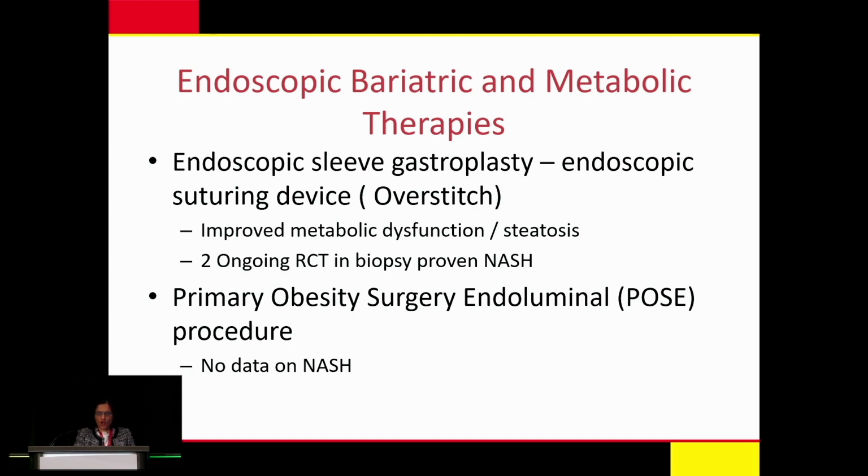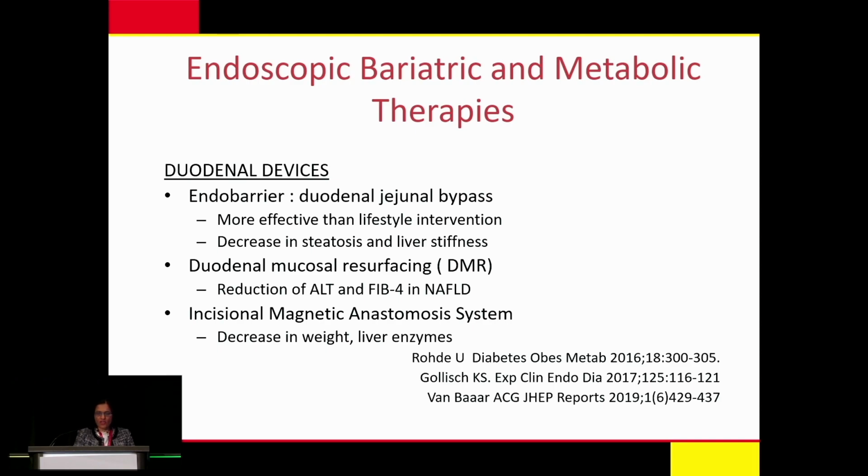Endoscopic sleeve gastroplasty, the so-called OverStitch technique, has also been shown to improve metabolic dysfunction and steatosis, and there are 2 ongoing randomized controlled trials. Post-procedure, there's really no data yet on NASH. There are various duodenal devices listed here, which have been shown in small series to be effective.